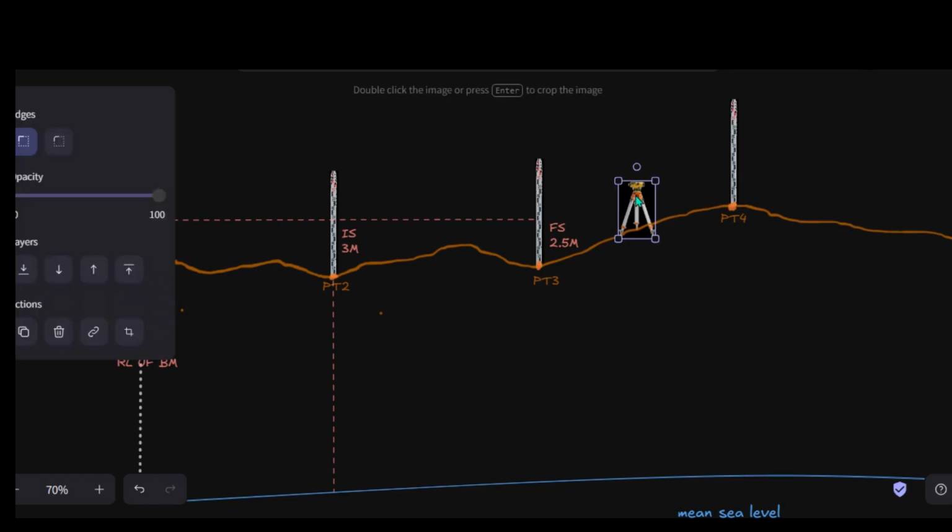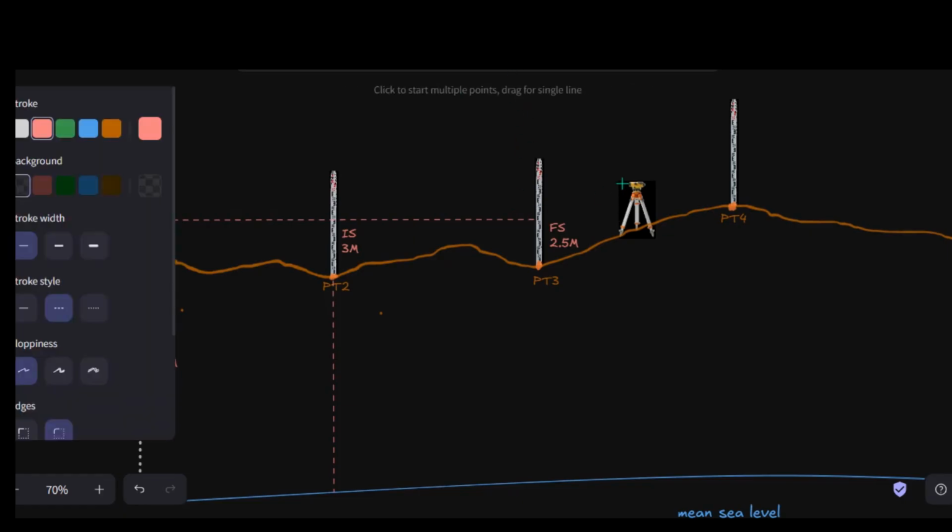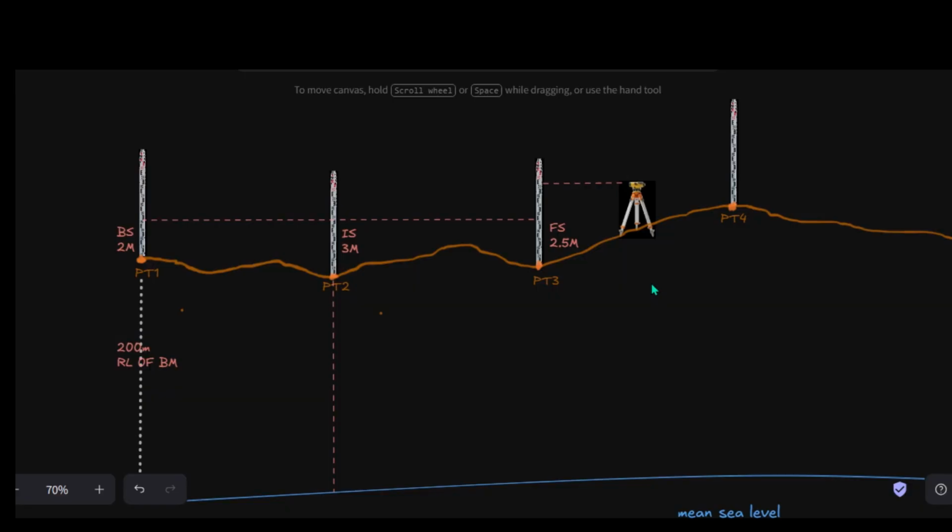So I will rotate this head to point towards the staff to take the backsight reading. That is what taking the backsight reading means. So that's the backsight reading there. Say the backsight reading from the ground level to this line of sight is, let's call it 5 meters.